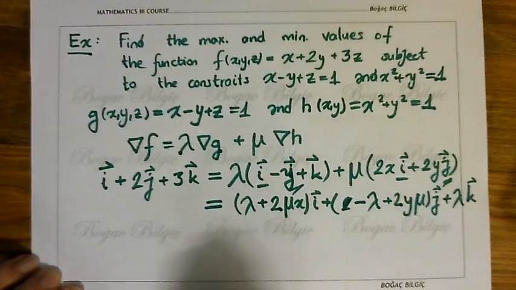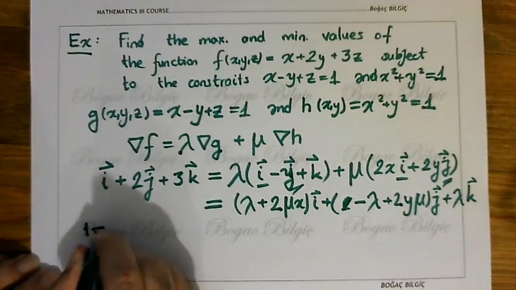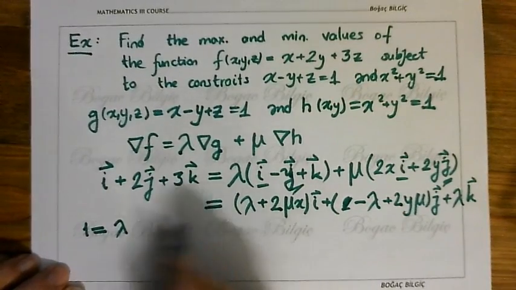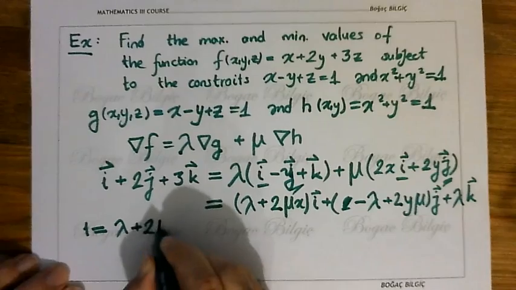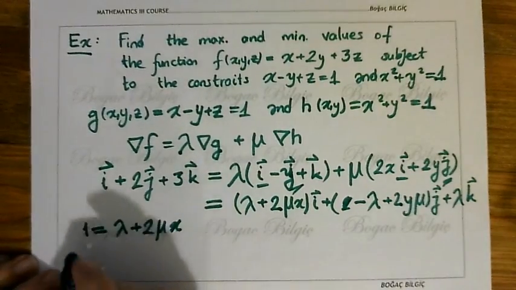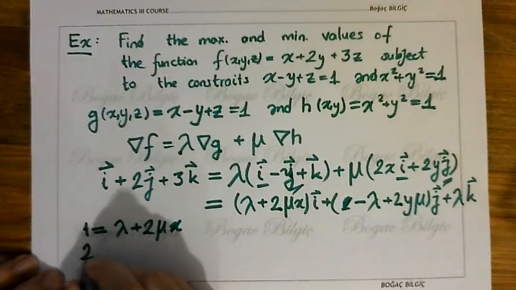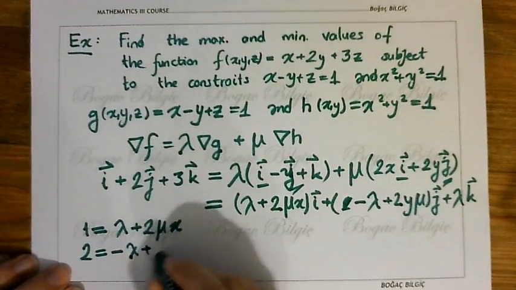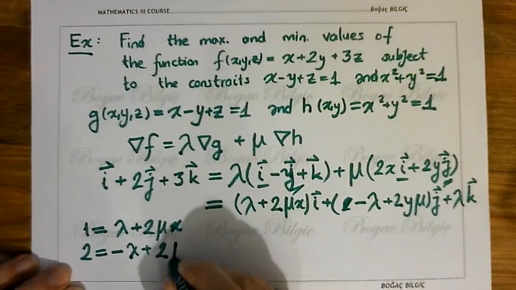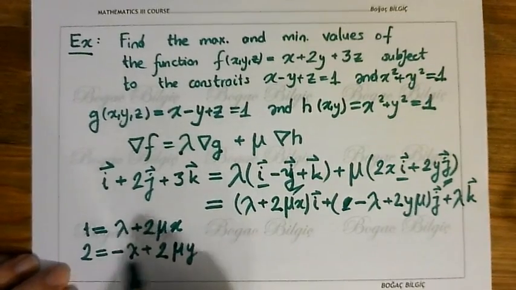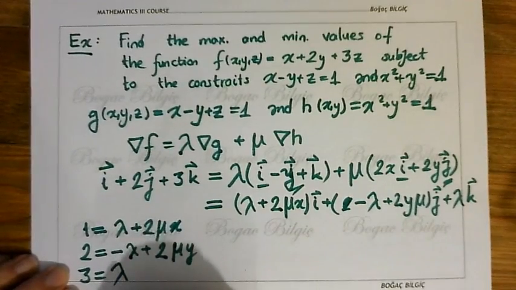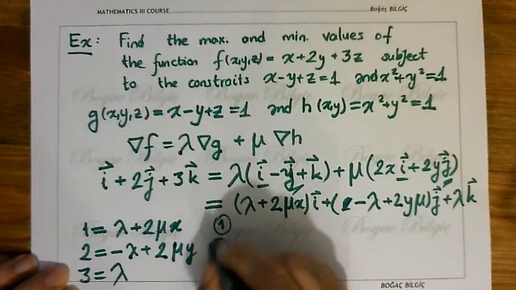We solve the equations. One equation is 1 is equal to lambda plus 2 nu x. Second equation is 2 is equal to minus lambda plus 2 nu y, and 3 is equal to lambda. These are equations 1, 2, 3.